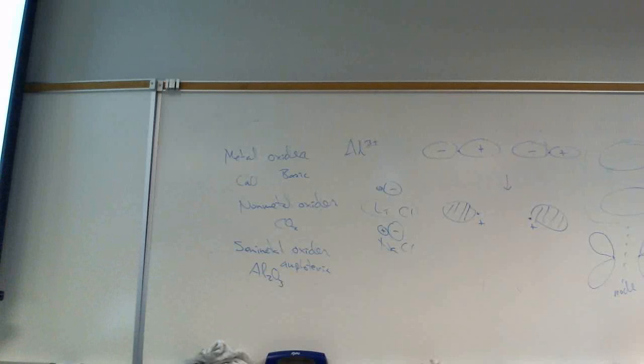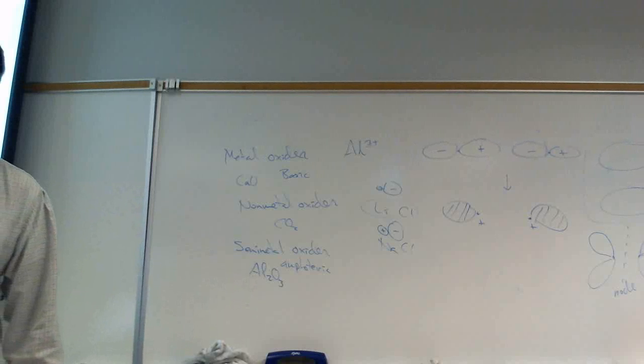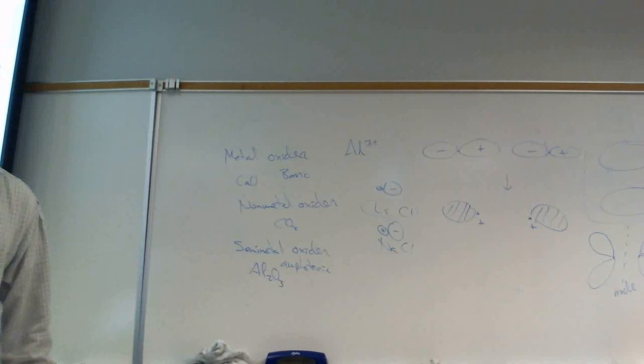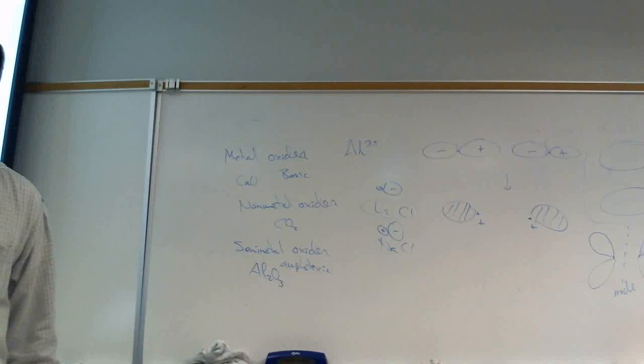But for the Bronsted acid-base, I was surprised how few people got it. Only like 3 people or so got it. So take a look at Bronsted acid-base again. Make sure you understand it. It's not hard once you've done a few of them.